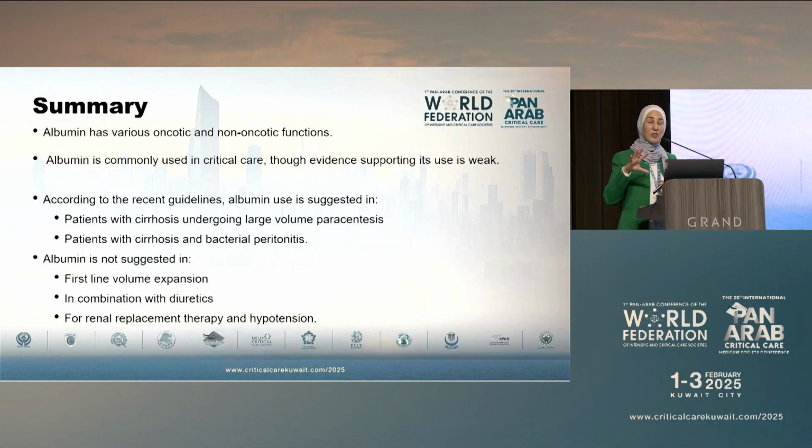According to the most recent guidelines and some of the previous guidelines, the two main indications that have a recommendation for its use are cirrhosis undergoing large volume paracentesis and cirrhosis with spontaneous bacterial peritonitis. It's not suggested as first line for volume expansion in combination with diuretics, and also not recommended in patients undergoing renal replacement and having hypertension. So with that, I get to the end of my talk. Thank you very much for being here.